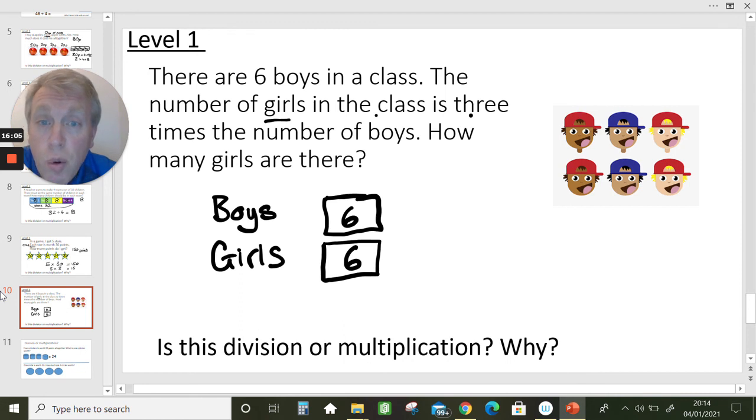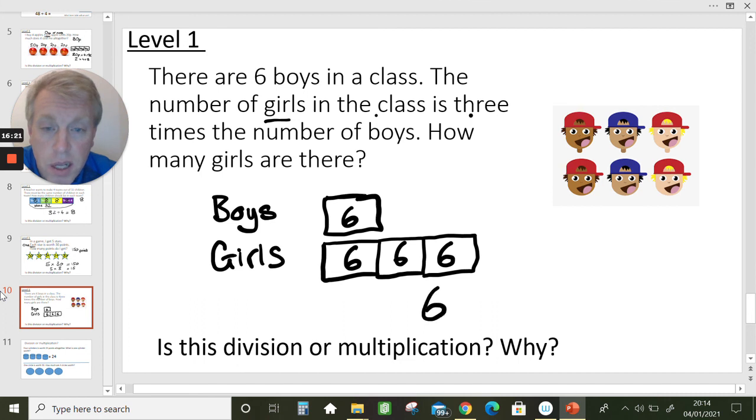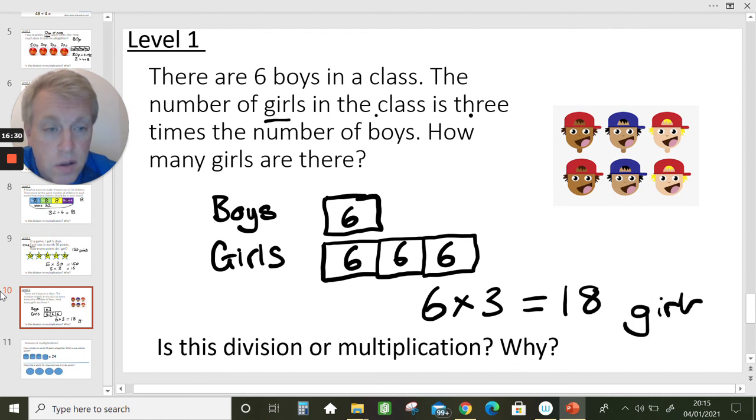It's the number of boys 3 times. 1 time. 2 times. 3 times. How many girls are there? Well, it's the number 6 times 3. 18 girls. It was a multiplication question.